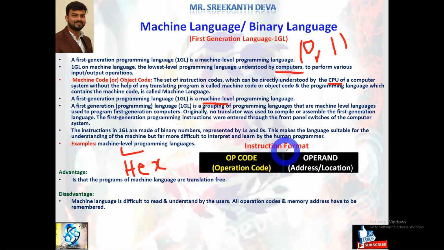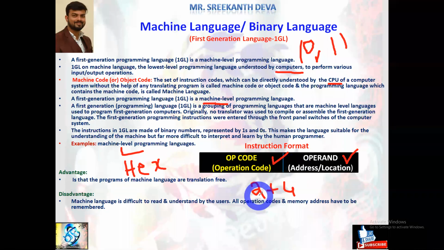The instruction format is passed as an opcode, which is nothing but operation code, and an operand. The operand consists of address or location information. The opcode part specifies the function of the instruction that is to be performed by the computer. Remember, suppose I want to perform 2 plus 4. Then you cannot give 2 plus 4 directly into the first generation languages.